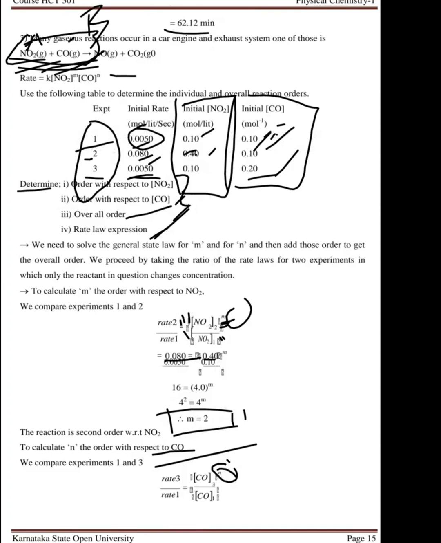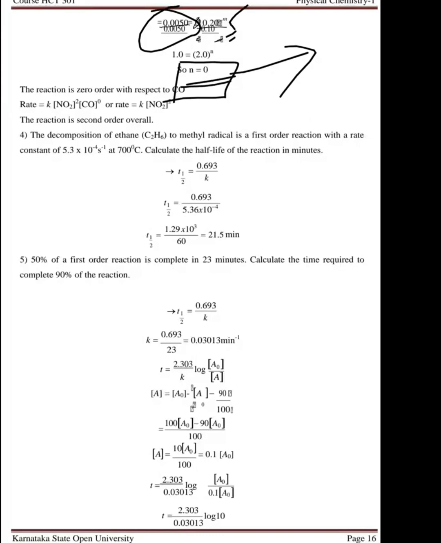For nitrogen dioxide, we have got m equal to 2. If you want the total order of the reaction, you need to add both: m equal to 2 plus n equal to 0, 2 plus 0 is 2. So the total order of this reaction is two, meaning it is a second order reaction.